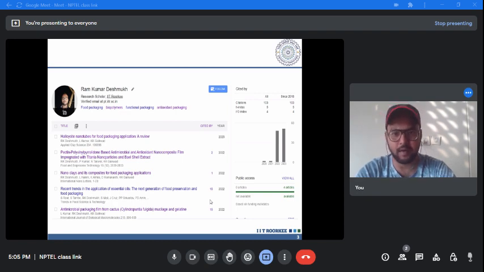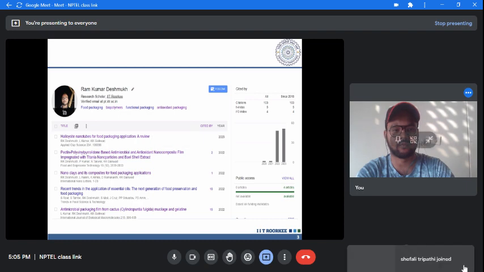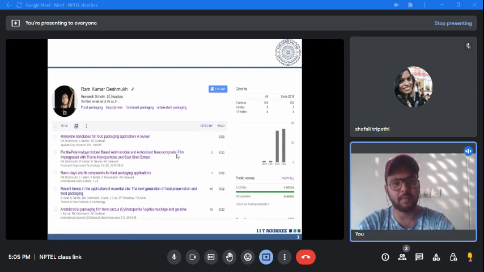Suppose I have 10 articles and they have been cited 103 times, meaning other people have cited my papers 103 times. The H index is the maximum number h of papers that have each been cited at least h times. Mine is 5, so my 5 articles have each been cited at least 5 times. And the I10 index is how many articles you have that have been cited 10 times or more.